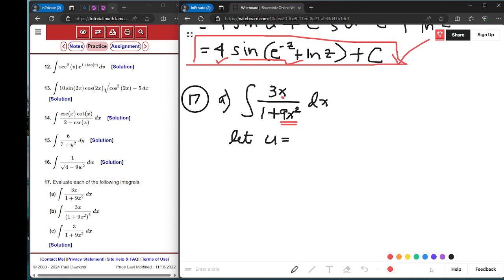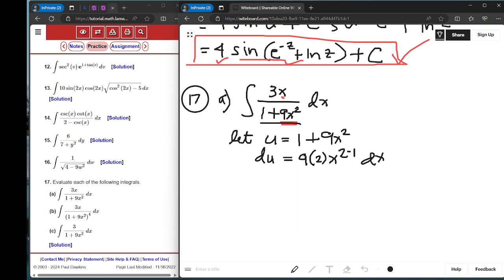This gives us a hint that this denominator will be our u, 1 plus 9x squared. We get the derivative, du is equal to the derivative of 1, which is 0, then 9 times 2 times x to the 2 minus 1 dx, which is equal to 18x dx.